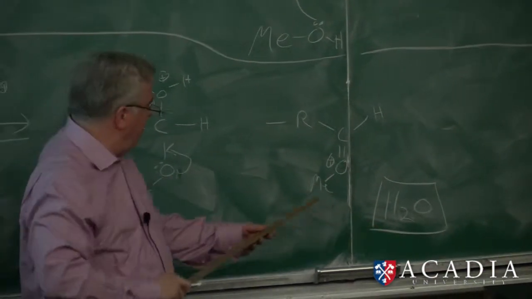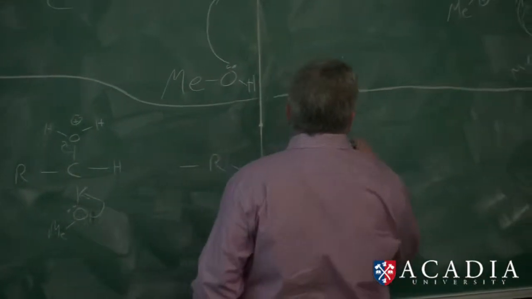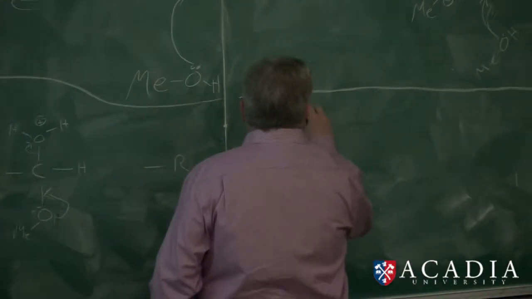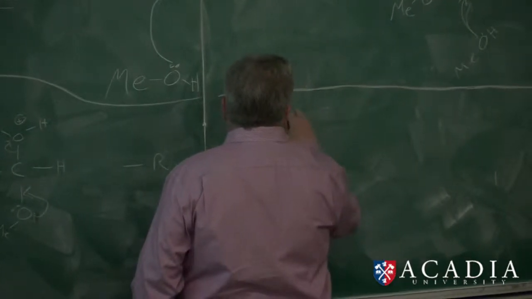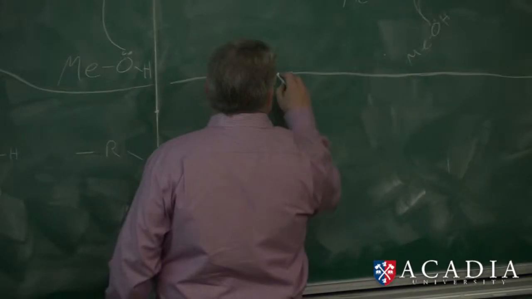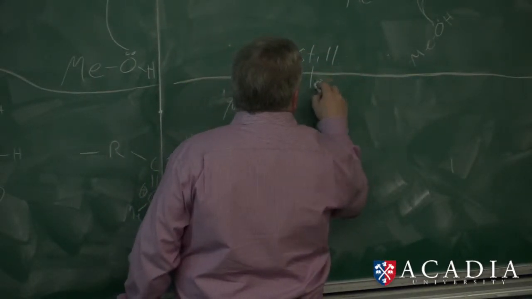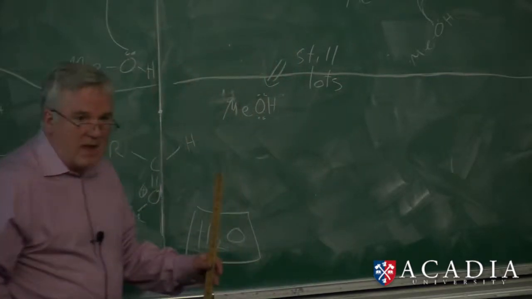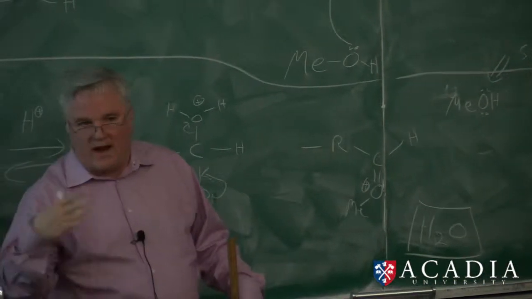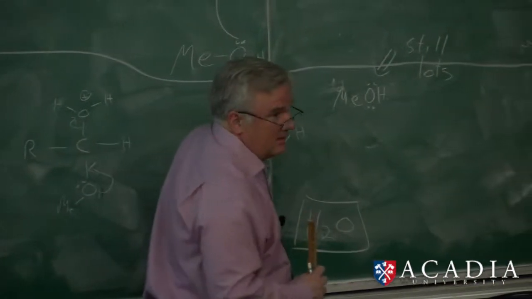A molecule of water came off here. So now we're going to add, we're not adding it. Let's just say, still there. There's still lots of methanol. Methanol is our solvent. So whenever we need a methanol, we just grab it because that's our solvent.